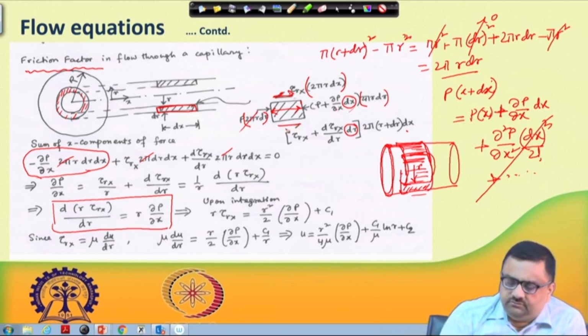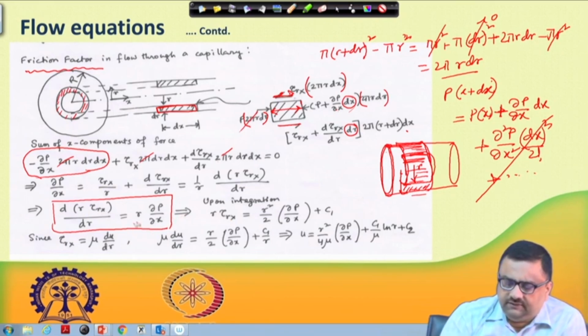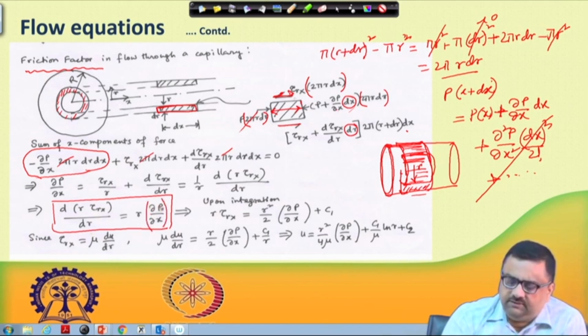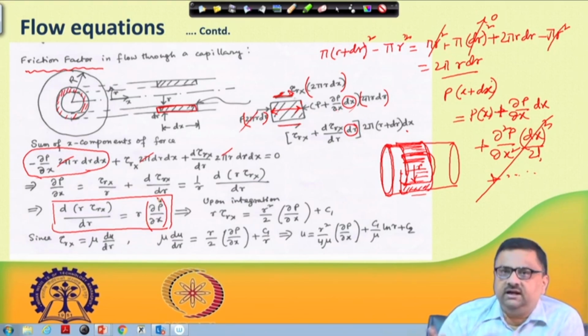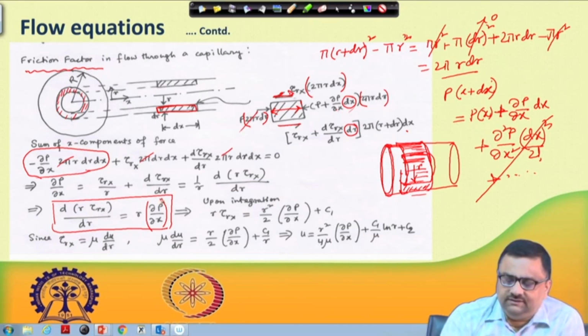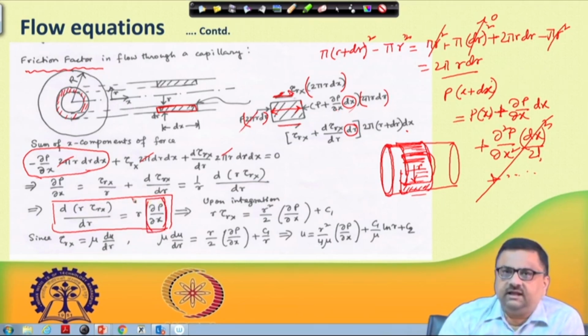So, this is the governing equation, and upon integration, that means we are doing d of r tau r x equal to, now this del p del x term we are not touching, we are treating it as a pressure gradient. So, del p del x later on we will simply equate with delta p by L. Though we are writing it in differential form, this is basically a box, and that box we are carrying down the line.